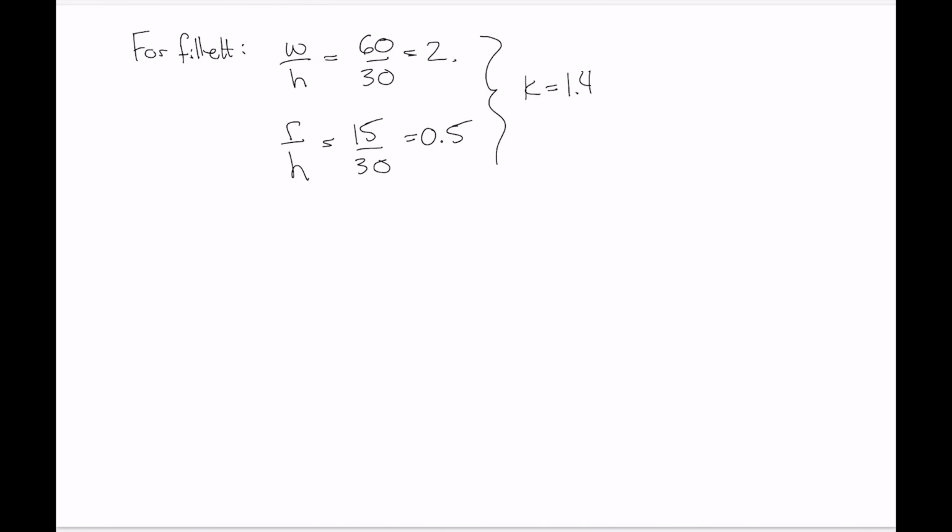Okay, and again we say sigma max equals our K value multiplied by our average normal stress that we'd calculate, K multiplied by N divided by A. So we can do the math on that. 1.4, 8,000.